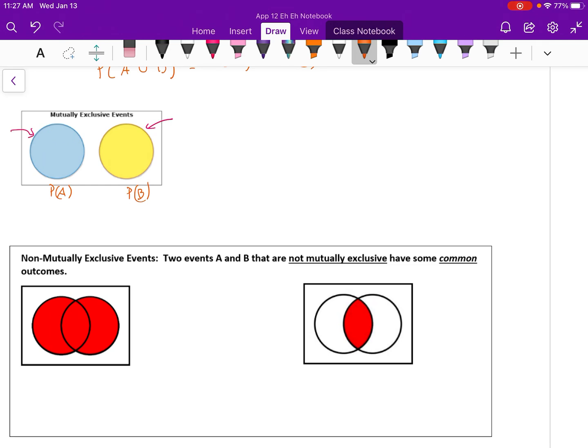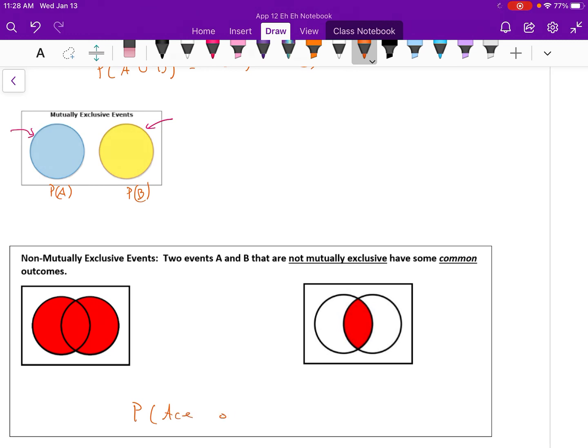Now, non-mutually exclusive events are two events A and B that can have some common outcomes. Maybe I'm going to take a look at cards.